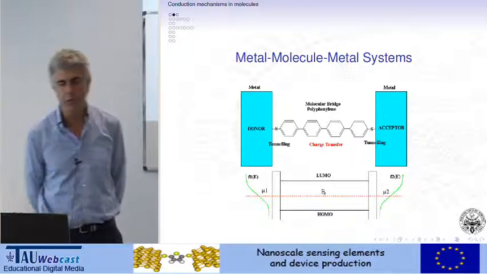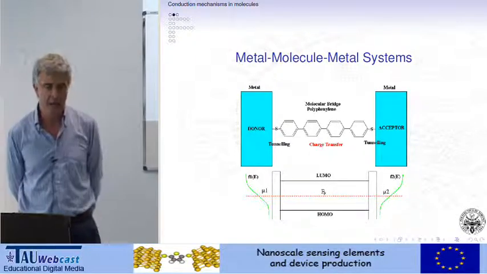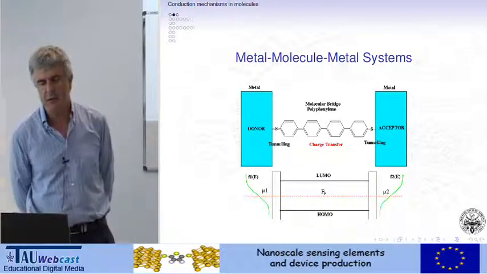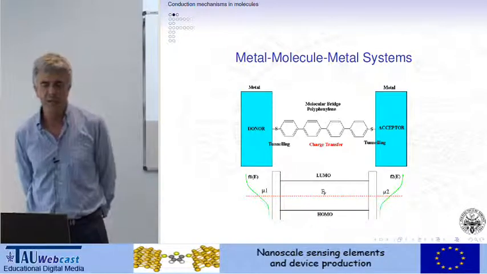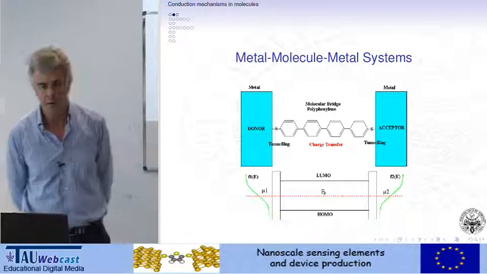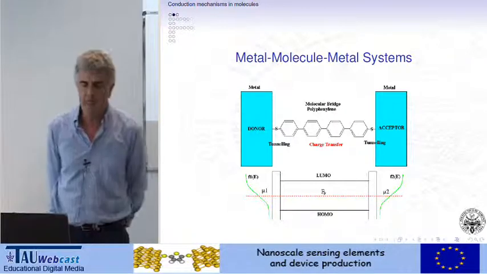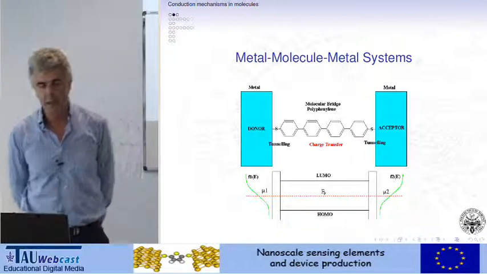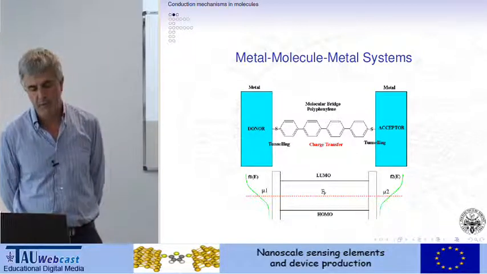So we have two tanks of electrons on the left and on the right. We can imagine that the left tank is the donor or source of the system. In other words, we can imagine that the electron originates there.